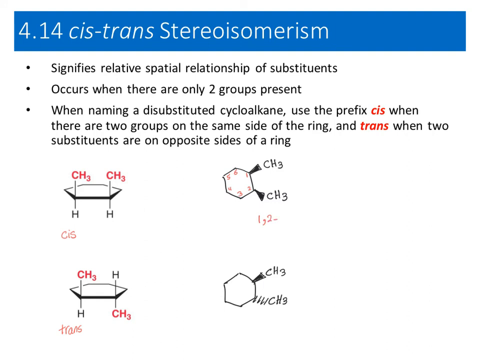I have two methyls, so dimethylcyclohexane. Now to show that the two methyls are cis to one another, I put the prefix cis before the name.